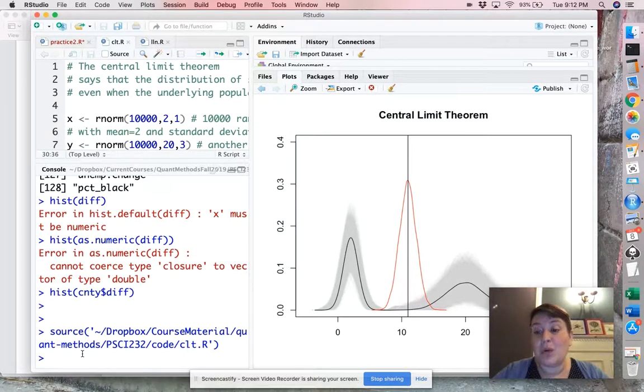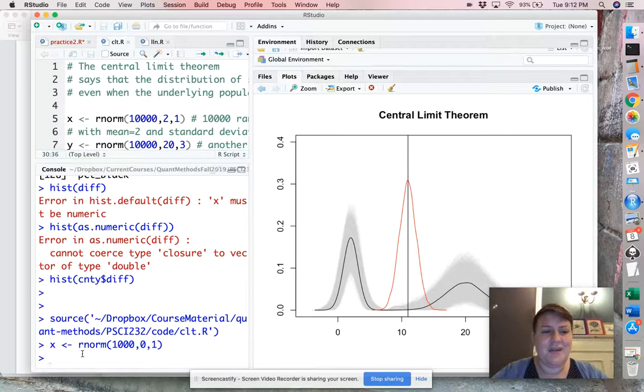So I'm going to show you a couple of different normal curves. Again, you don't need to be doing this in RStudio. This is just how I'm showing you stuff. So I'm going to make first a random normal population with a mean of 0 and a standard deviation of 1.